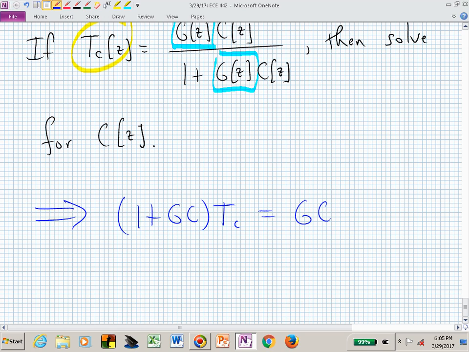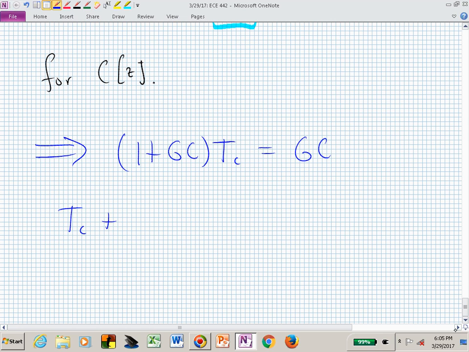So now we have, is everyone comfortable with this equation from the relationship between T, G, and C? Now what we want to do is try to isolate C. So distributing T sub C through on the left, we have T sub C plus GC T sub C is equal to GC. I'm doing this in a lot of steps.